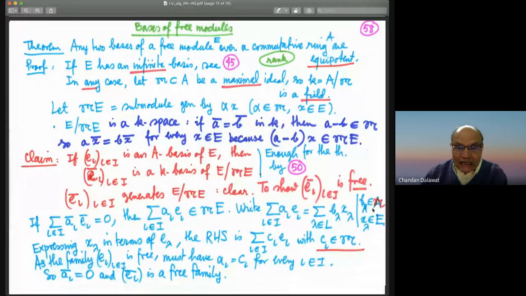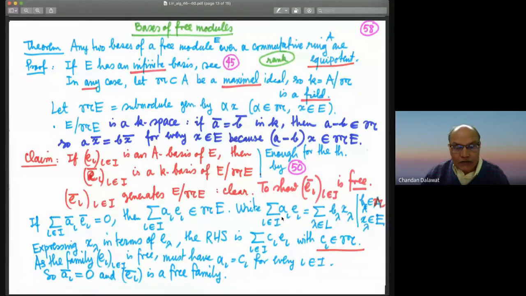So when I do that and expand, the right hand side will be a linear combination of the E iotas with the coefficients C iotas, which will be in M. Why are these coefficients in M? Because they are all multiples of B lambdas, which are in M. Okay. So these coefficients are in M.